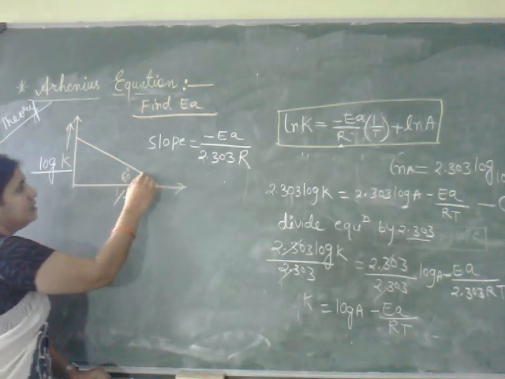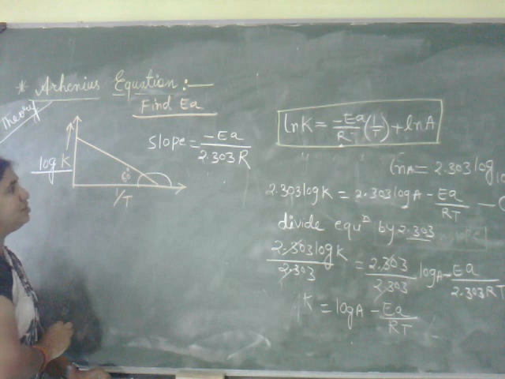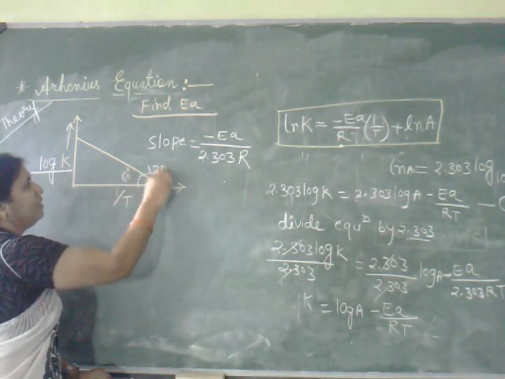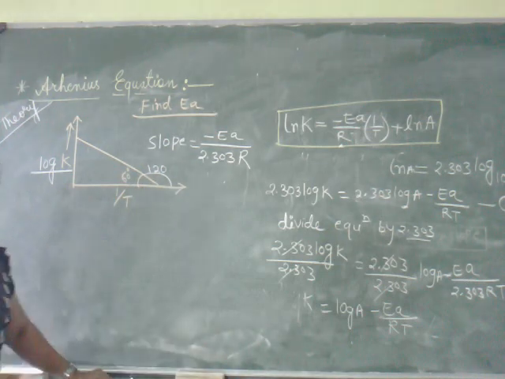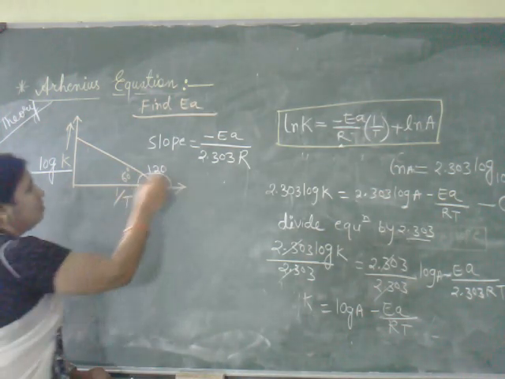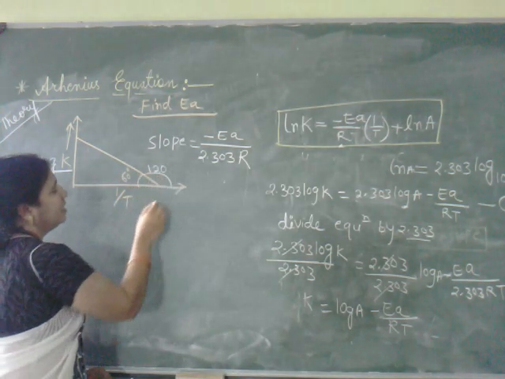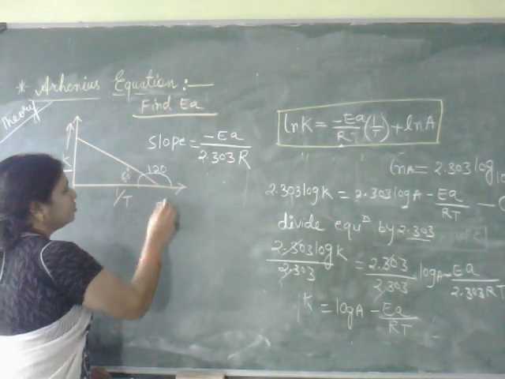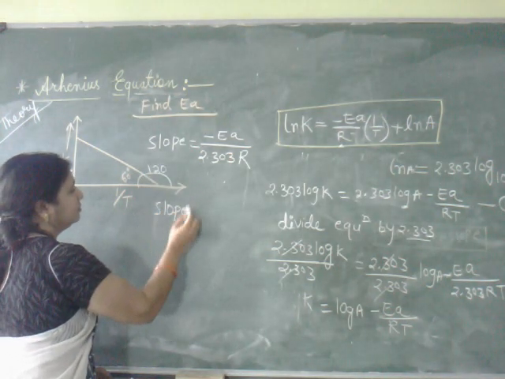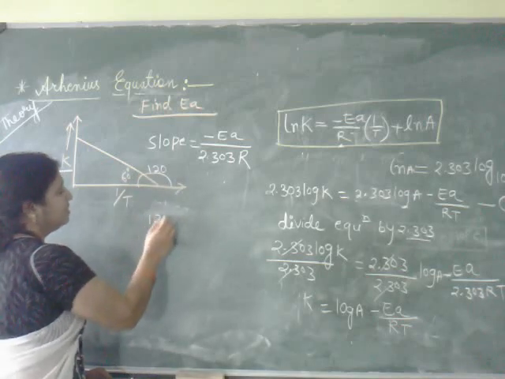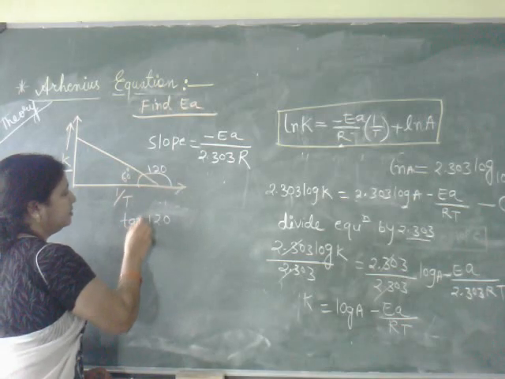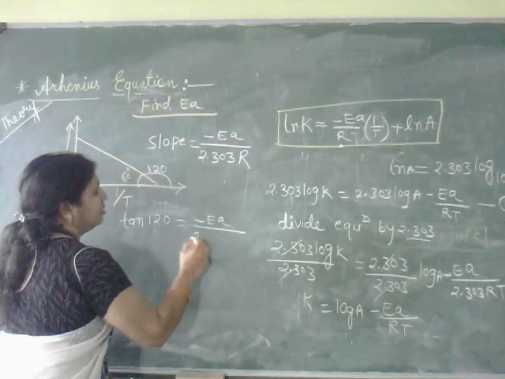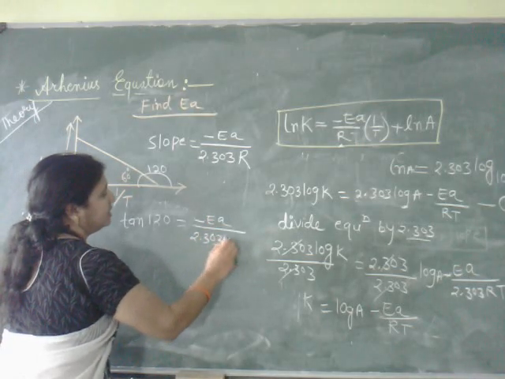We have to take this positive angle. This is 60, so the other will be 120, together it is 180. So this is theta, and we got 120. So the formula is slope is equal to tan 120 is equal to minus EA divided by 2.303. What is the R value?